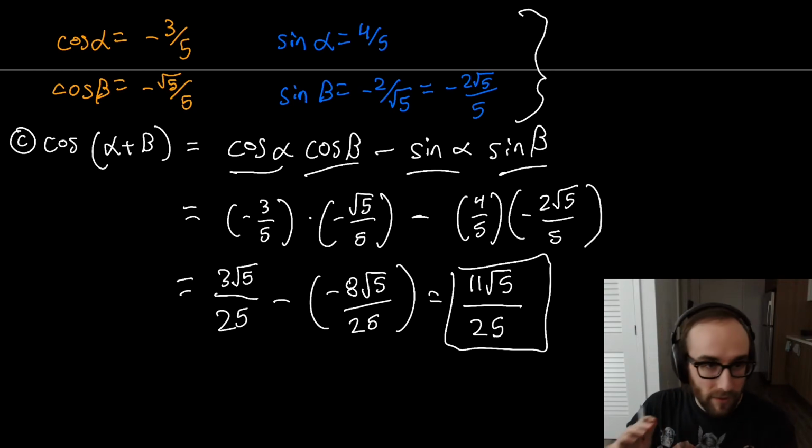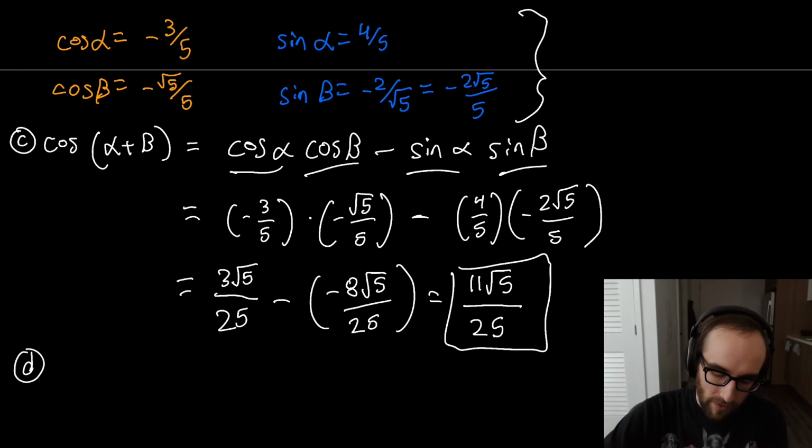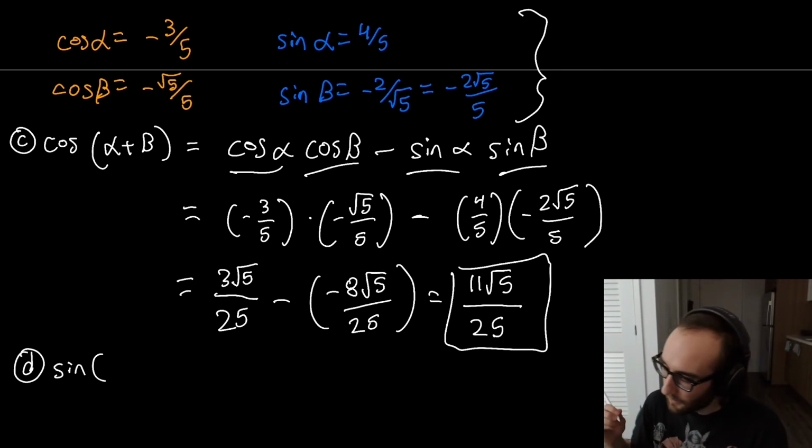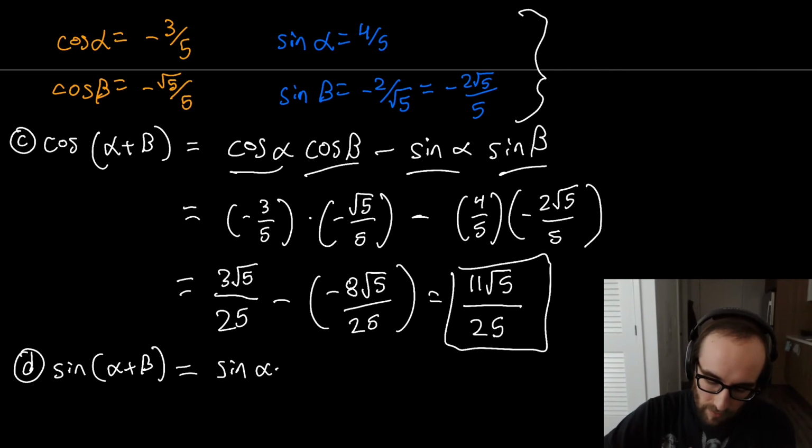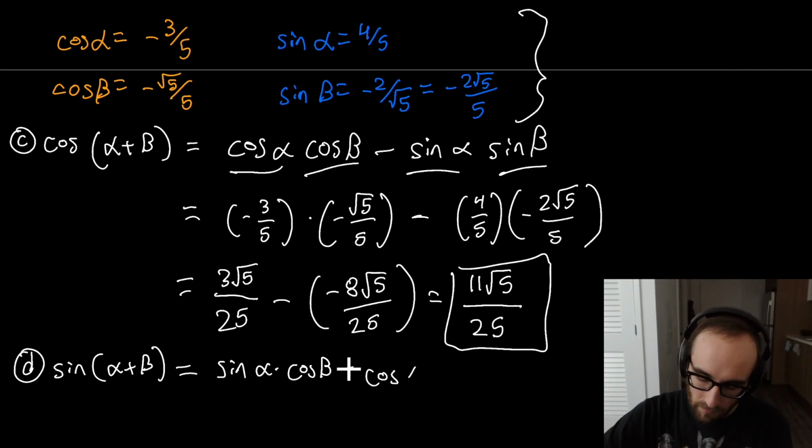Finally, really quickly, let's take a look at D. Same idea. We're just using our sine sum formula. We're being asked to find sine of alpha plus beta. So again, we can rewrite this as sine of alpha times cosine beta plus cosine alpha times sine of beta.